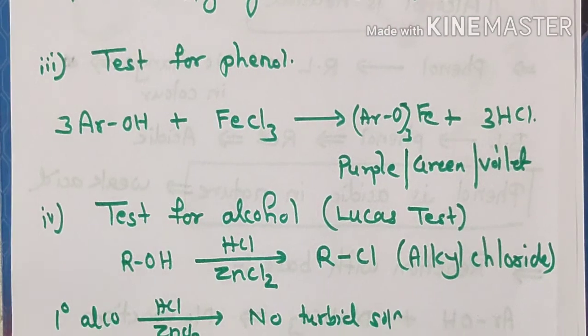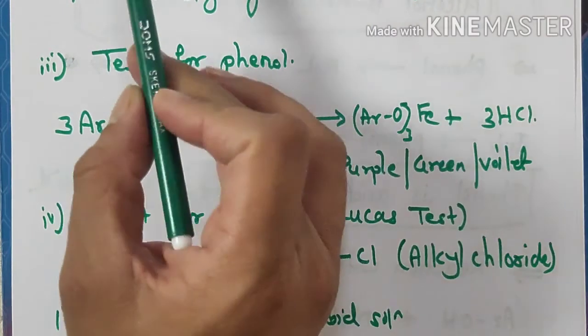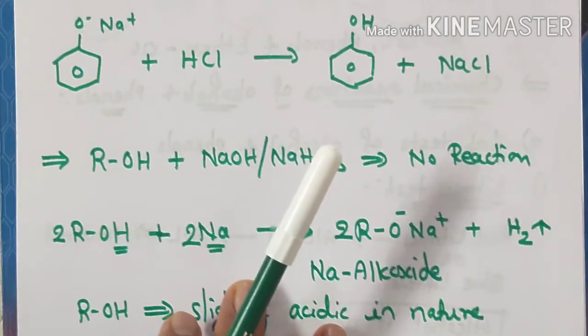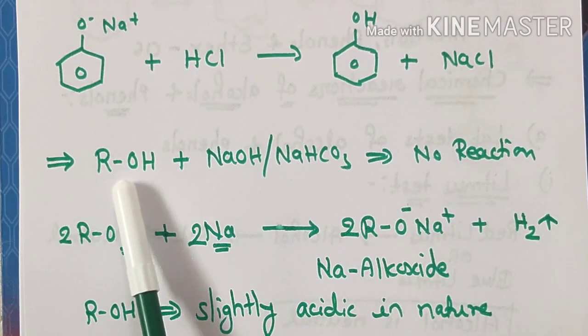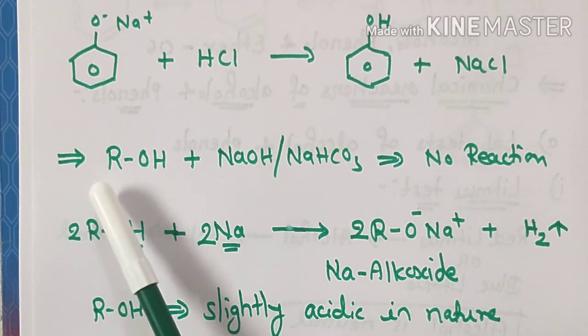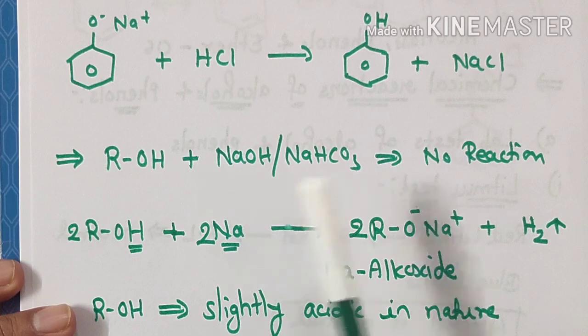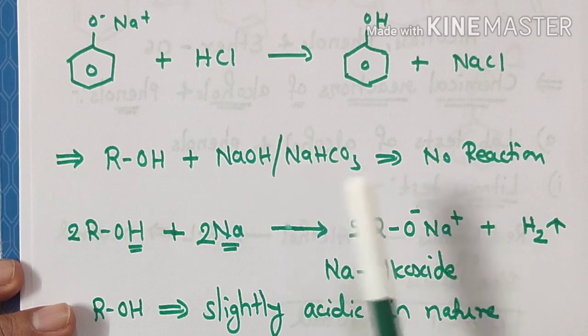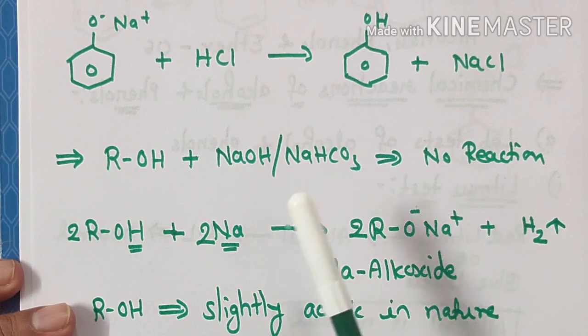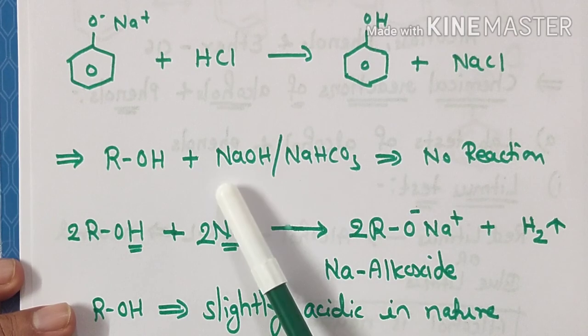Okay. Now, we tried the reaction using alcohol also. When we reacted alcohol with a strong base like NaOH or a weak base like sodium bicarbonate, there was no reaction, neither with the weak nor with the strong base.